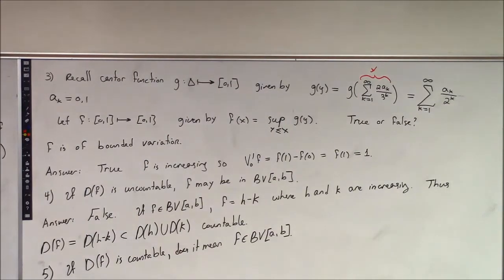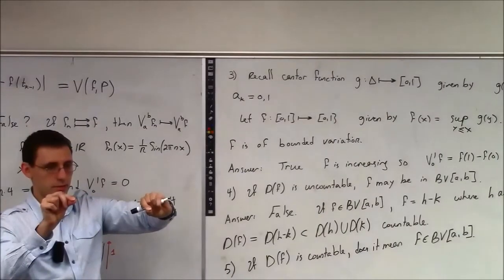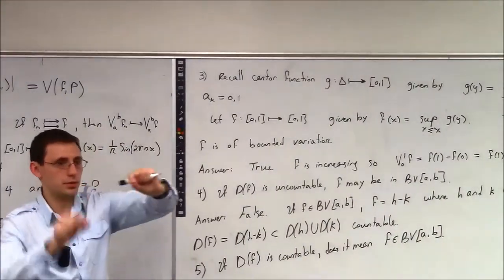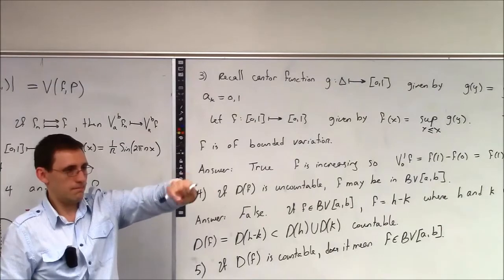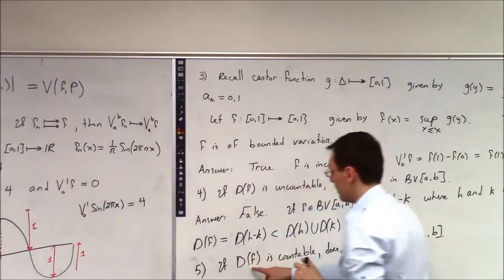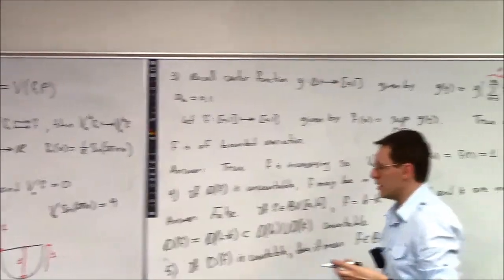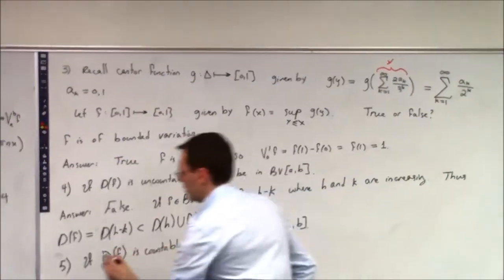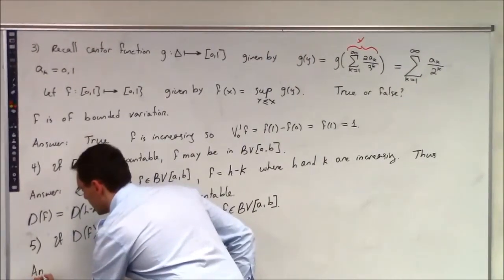That's my example as well, but it's not continuous. If you fudge it a little bit, you can make a function that jumps, so that it oscillates closer to 0, and is 0 at the endpoint. So you can create a function that is basically doing this. That would make it continuous. So even if this is empty, it doesn't have to be of bounded variation. So the answer is no, or false.